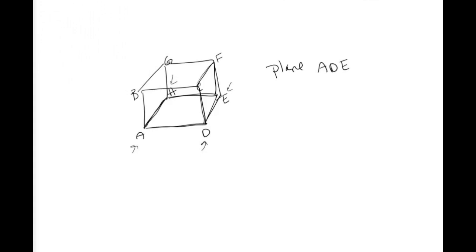Okay, let's do one more. What about this side plane here? That plane could be CFE. That would be one way. Okay, what if I wanted to find the intersection of those 2 planes? So the plane from the bottom and the plane from this right side intersect at a line.